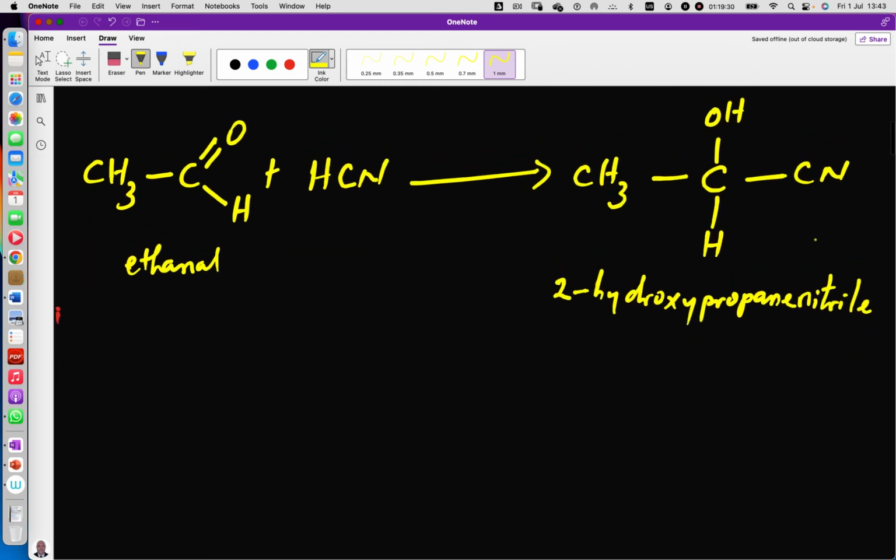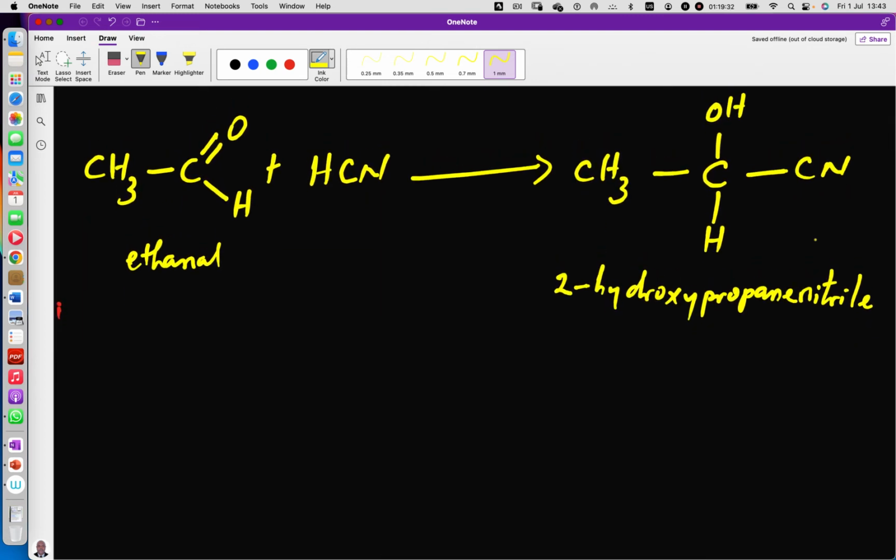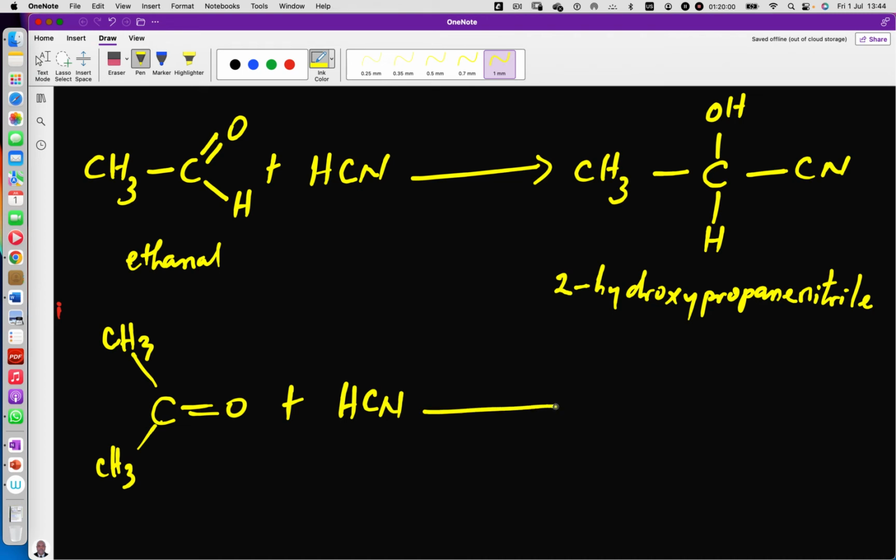If we were to react propanone, for example, as a ketone with this, propanone will be in this way. Propanone is CH3, C, CH3, plus hydrogen cyanide.